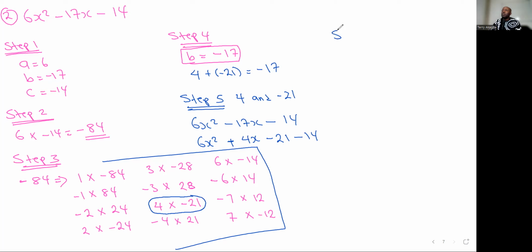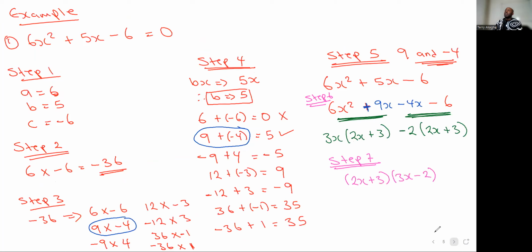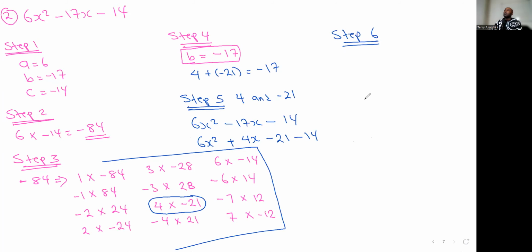Then we'll now go to step 6. Step 6 said that we should pair the first two and the last two and simplify by taking out the common factors, but both brackets must have the same expression, okay? So let's do that. We're going to pair them now. So we have 6x squared plus 4x, and we have minus 21x minus 14.